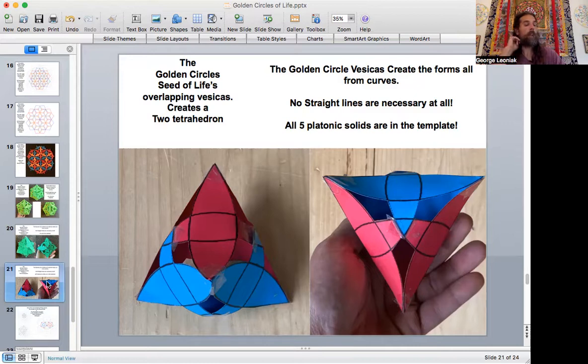So basically what happened for me in relationship to all this was that it created all 5 Platonic solids within the template, which was just really, as Michael Evans said, kind of a spiritual experience with my sacred geometry revelations, because I have been working so intimately with this pattern and never up to this point, although being fascinated with those vesicas, decided to cut them out and try it.